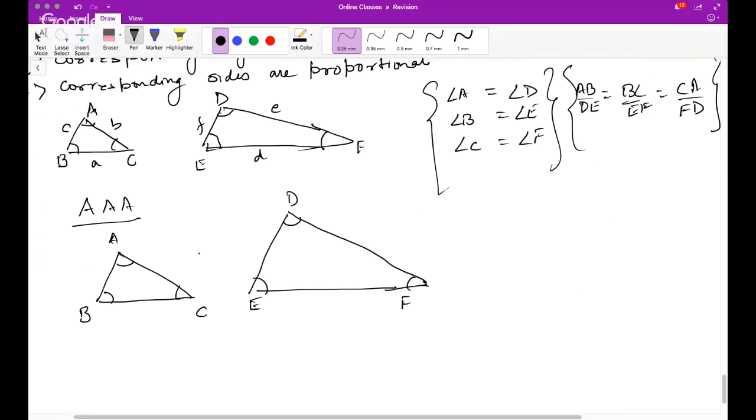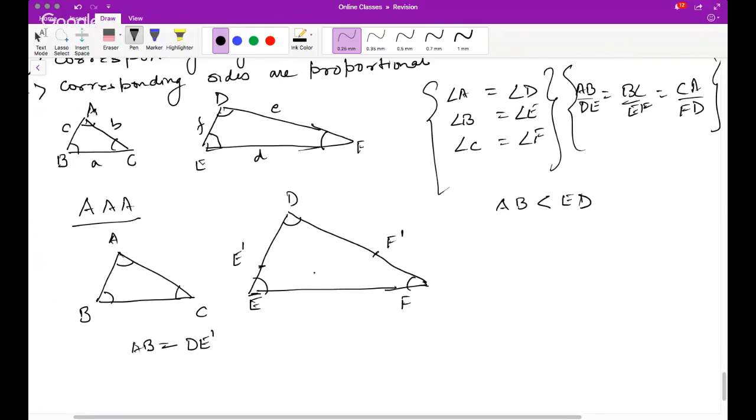Let us assume that none of the sides are equal, so let us assume AB is less than DE. Then we can pick a point E dash here such that AB is equal to DE dash. Similarly, I can pick a point F dash here, such that... what will happen?